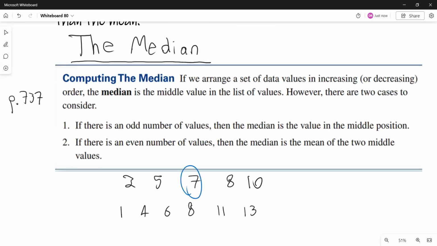The median is going to be the mean of the 2 middle values. So the median is going to be 7. That is the value, the mean of 6 and 8 is going to be 7.